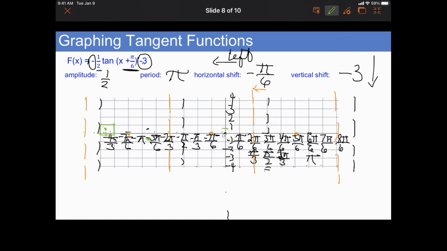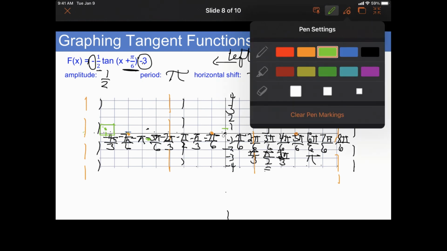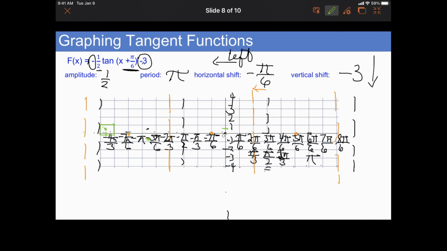But then I'm dropping it by 3. So I'm going to make a new midline right here. So these points here, I'm dropping it by 3. This orange is now down here and here. Okay, so reflection first, then vertical shift.